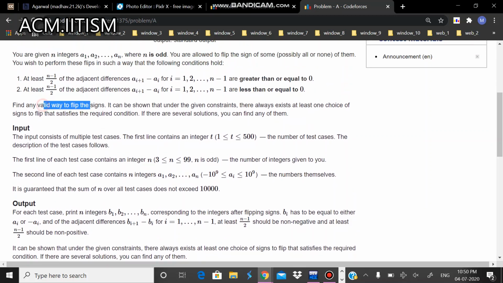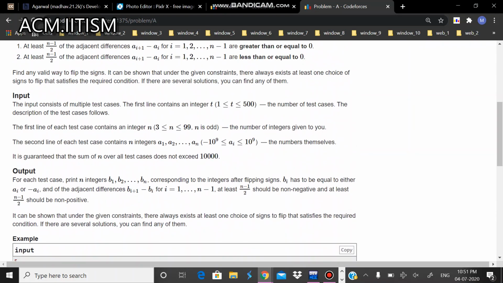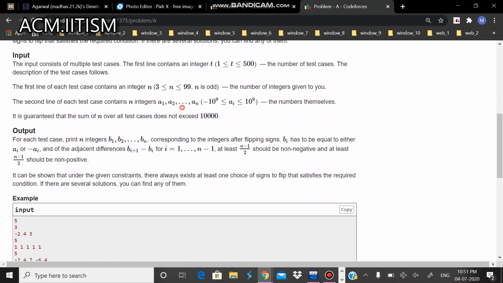And the flip game is that we can just flip the signs of the integers given. Sorry, you'll be given some n integers, and we can change the sign of any of the integers any number of times.